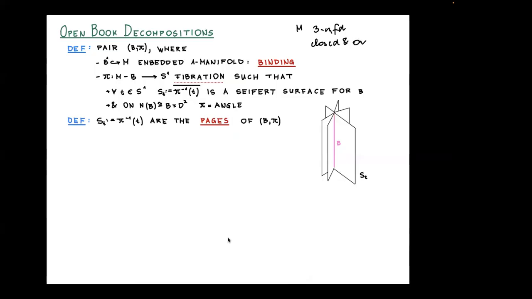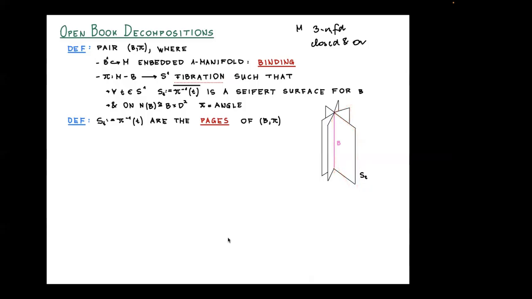So you have an embedded one manifold, and away from this embedded one manifold, you have a fibration. And there's a special property of this fibration that near the binding, which is this embedded one manifold, the fibration looks like this. So it gives you Seifert surfaces.